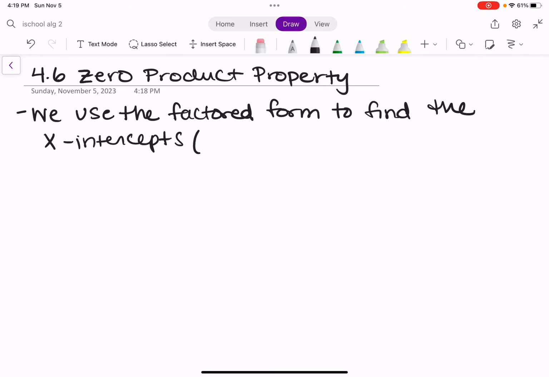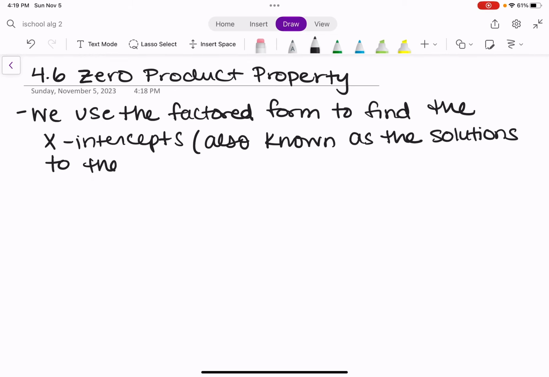The x-intercepts that we find are also known as the solutions to the equation. So when you're solving for the solutions to the equation, so like when you get x equals whatever, that is also the x-intercept, okay?